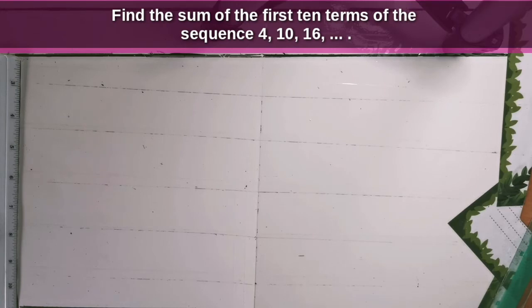Paano kung ganito ang example? Find the sum of the first 10 terms of the sequence 4, 10, 16, and so on. So, hindi natin alam ang value ng nth term.